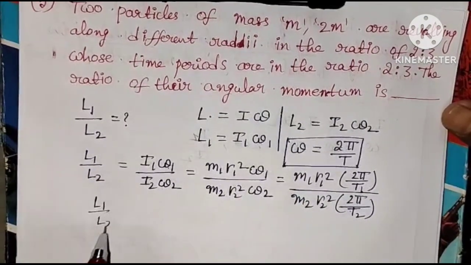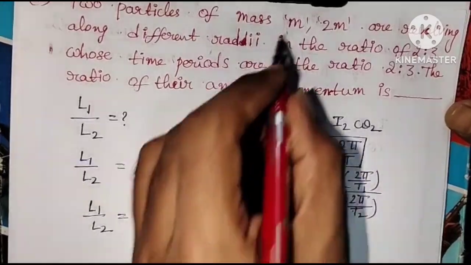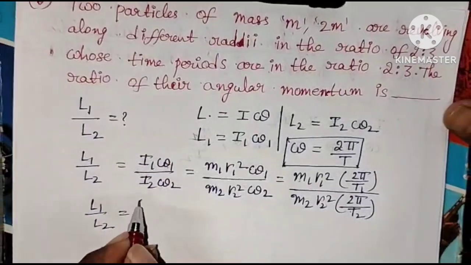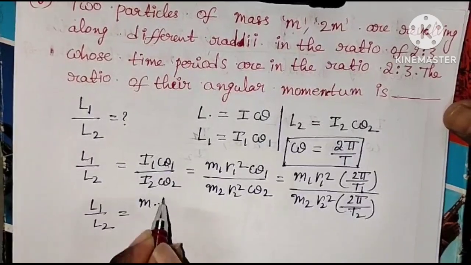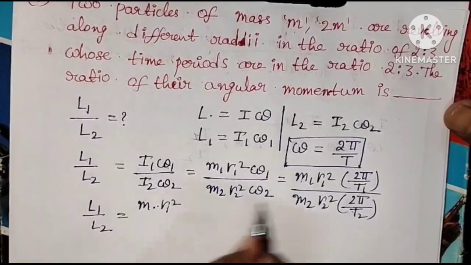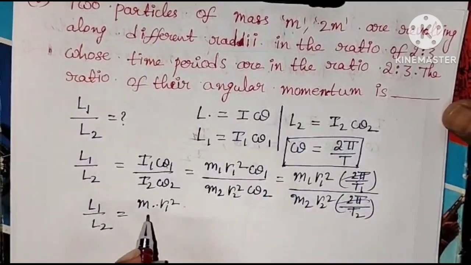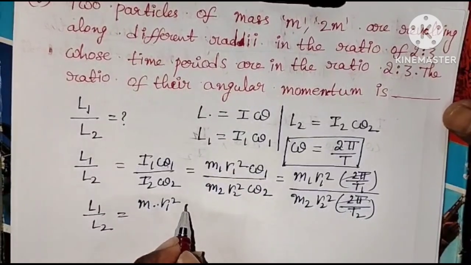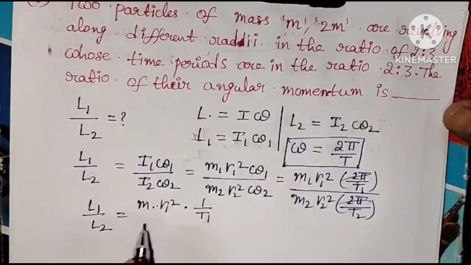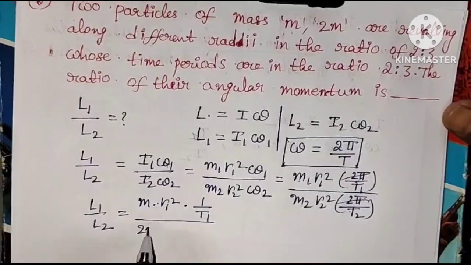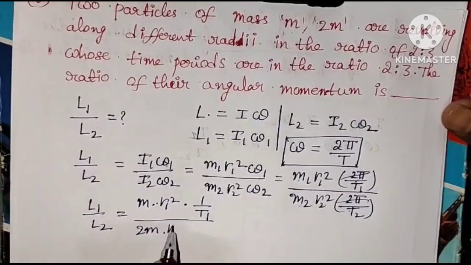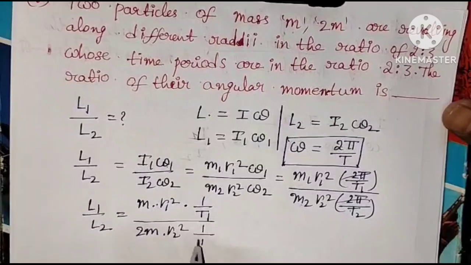L1 by L2 is equal to m1 means how much? So m1 is equal to m, mass of particle 1, into r1 square. Here 2 pi cancel. So m into r1 square into 1 by t1, whole divided by m2. M2 how much? 2m. 2m into r2 square into 1 by t2.